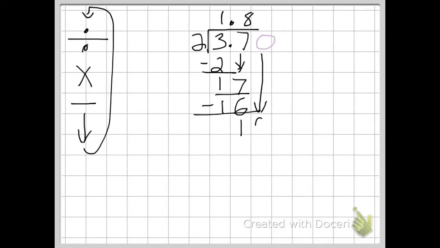Remember, adding a 0 to a decimal number doesn't change its value. It only changes its name. And then I can divide out again. 10 divided by 2 is 5. 5 times 2 is 10. I subtract and I get 0. Nothing more to bring down. I ended in 0. So my final answer is 1 and 85 hundredths.